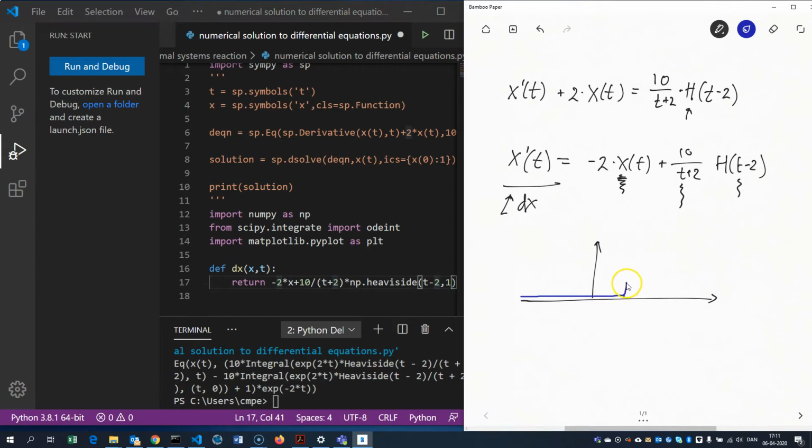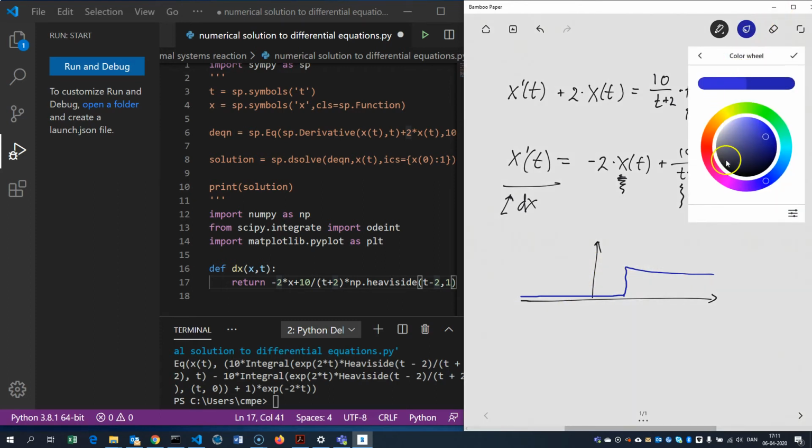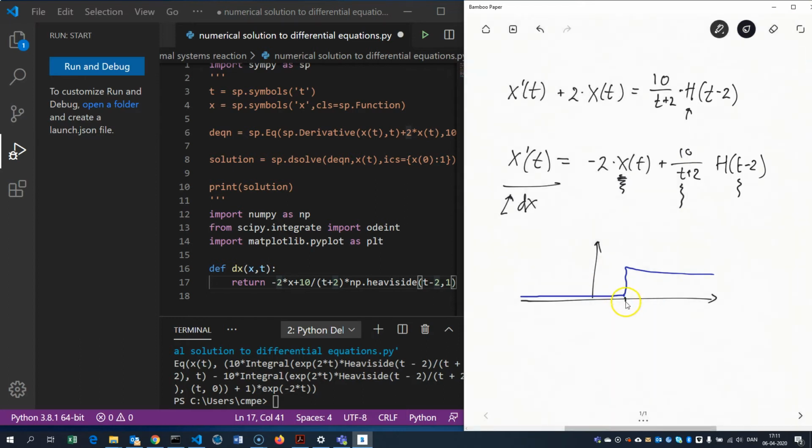And then it jumps to 1 and stays there forever. So I guess in my graph here we have 2 here and 1 here. So the Heaviside is 0, and then when the argument t minus 2 becomes 0, and it does that when t is 2, then it jumps to 1.